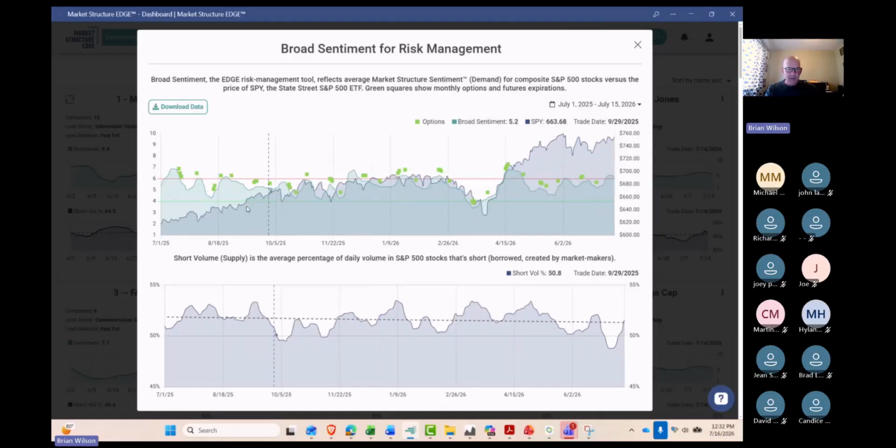And what happens over time is that this is broad market sentiment here in green. That's our demand algorithm. And over time, that will move over the red line. It's nothing magical above the red line, but what we have found over time is that broad market returns tend to get a little stretched when we do get above those red line conditions.